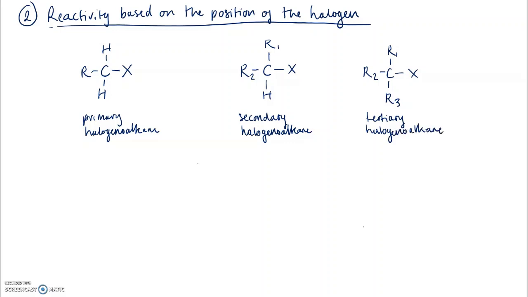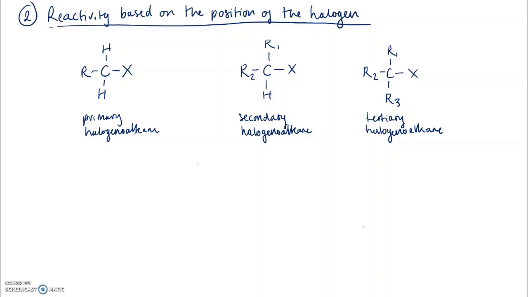Now, of course, you should remember that R is just the standard organic chemistry way of denoting a carbon-hydrogen chain. It can be any particular length, but as long as that is a carbon-hydrogen chain, you can label it as an R group, also known as an alkyl group here.